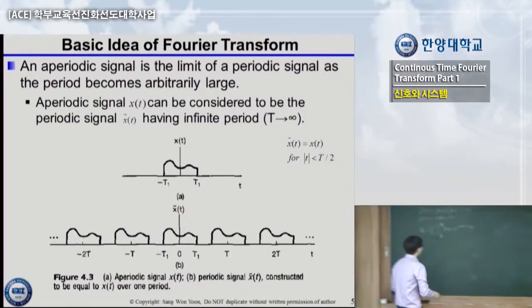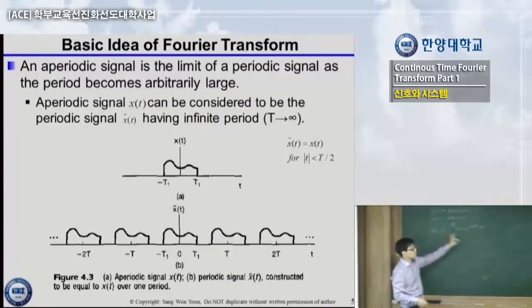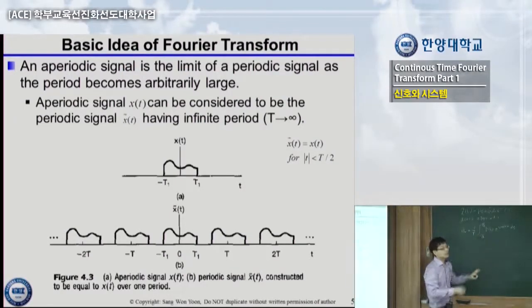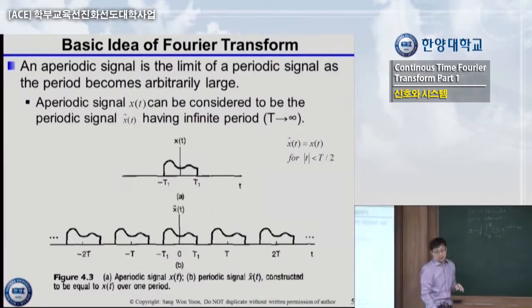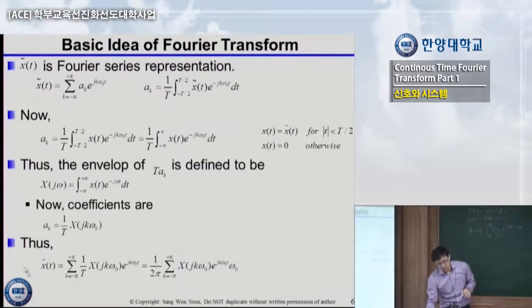This is the equation we already learned about. But in this special case, we can change x tilde to x because they are the same, right? That's the reason there's x here. So here we put x(t).